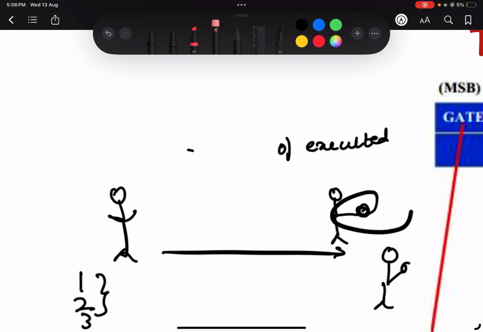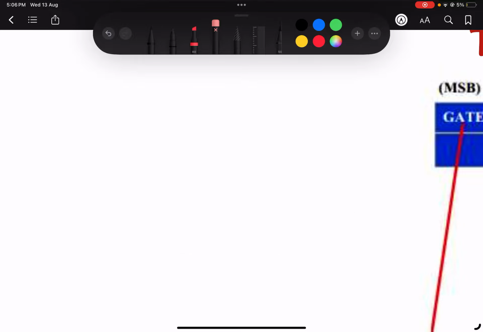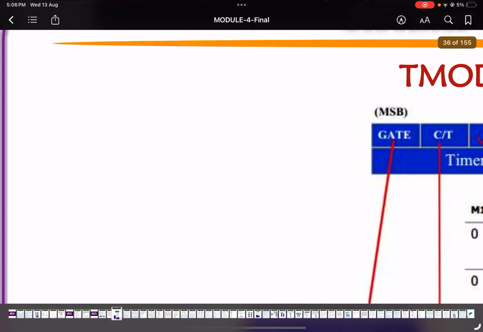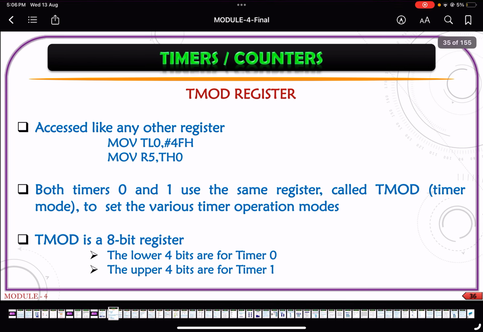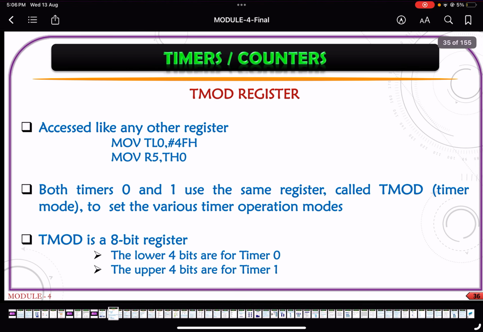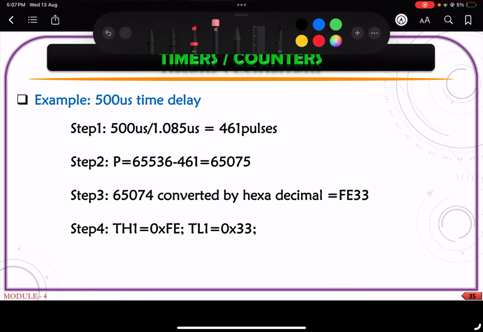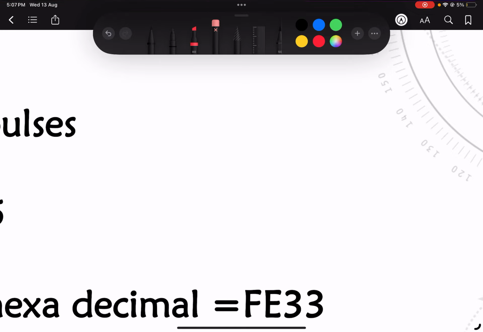If you remember in my 8086 videos, I mentioned that every single microcontroller in the world to this day has something known as a crystal, usually a quartz crystal or a Swiss quartz crystal. It's like a stone, which when you apply some current or voltage to it, vibrates to and fro, generating a clock signal.